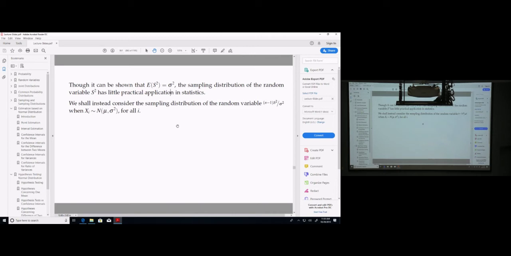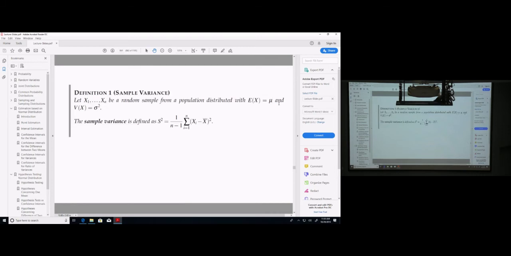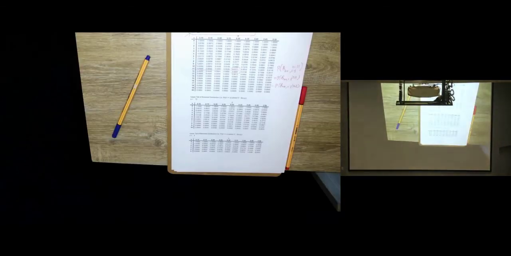We shall instead consider the sampling distribution of this. Now, this is the crux here. You have to multiply this one by n minus 1. The reason is this: if you multiply this one by n minus 1, there is no denominator anymore. So this is how the argument goes.